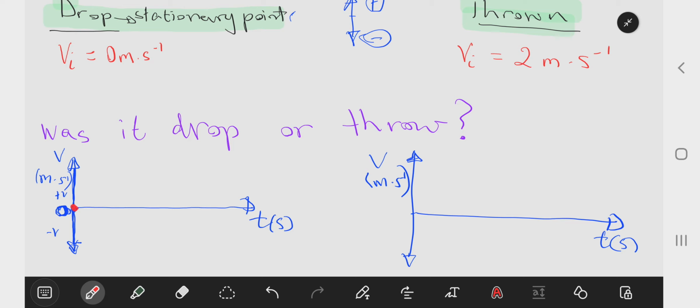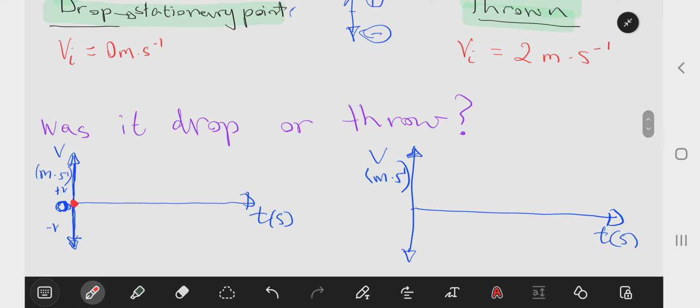So your graph would start at the origin, because it's a drop from a stationary object and your initial velocity equals 0. So every time a graph starts from this origin, you have to understand that this object was dropped from rest, because the initial velocity equals 0.